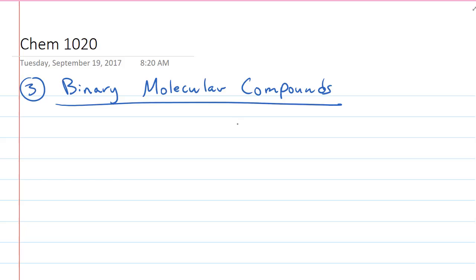First of all, if it's binary, that means that there's how many elements? 2. And if it's molecular, that means nonmetals and nonmetals or metalloids. So it's only nonmetals and metalloids in the formulas, which is different than ionic. Ionic has metals bonded to nonmetals. So these should have only nonmetals present.